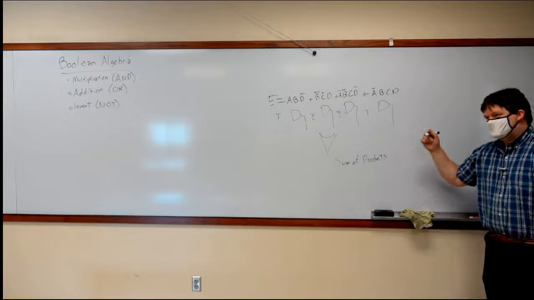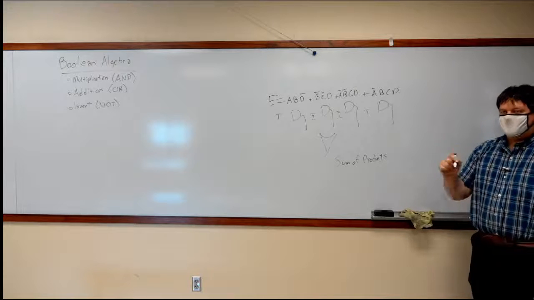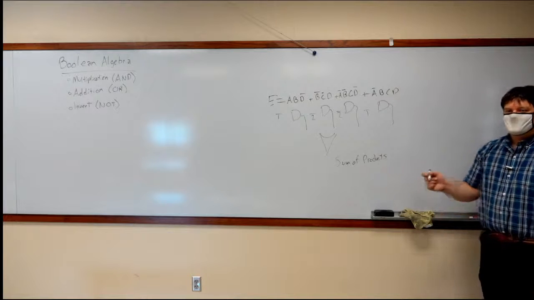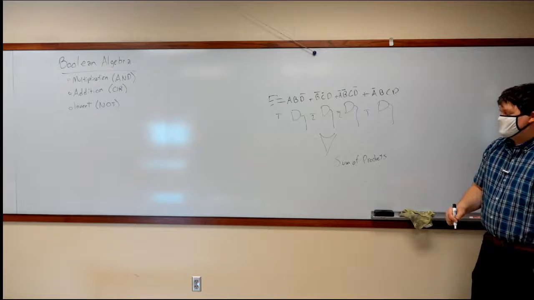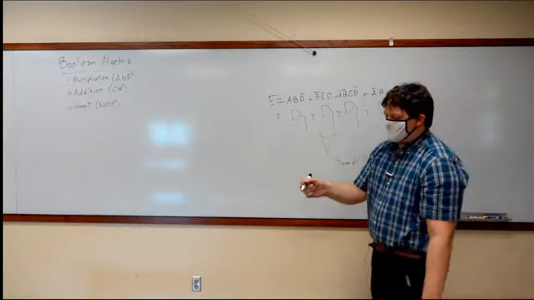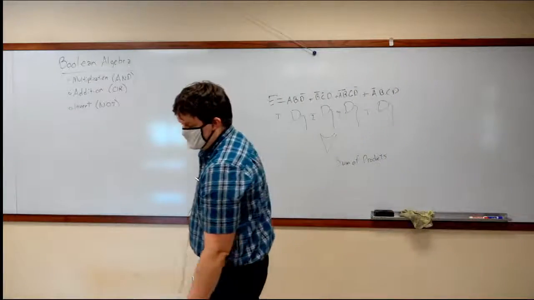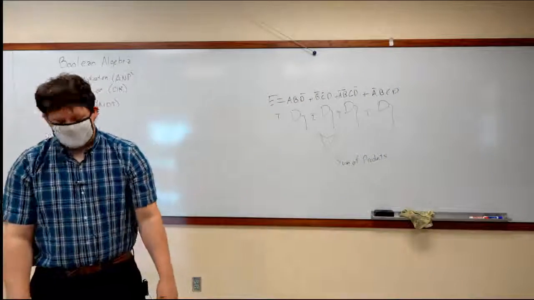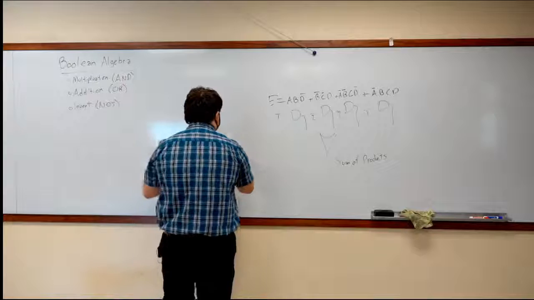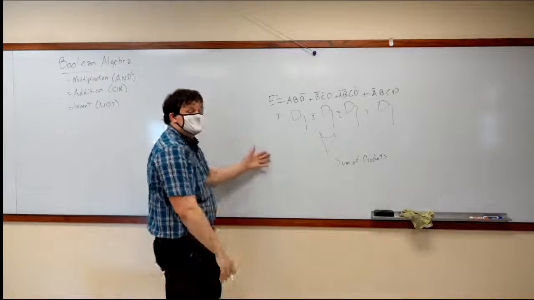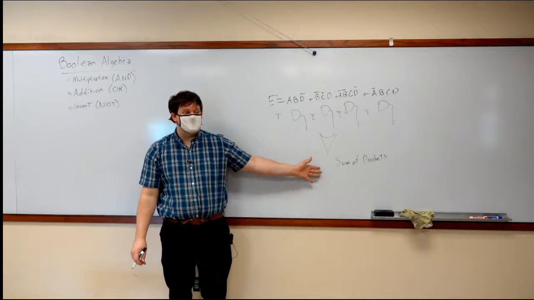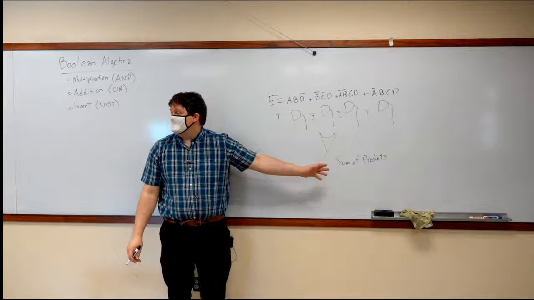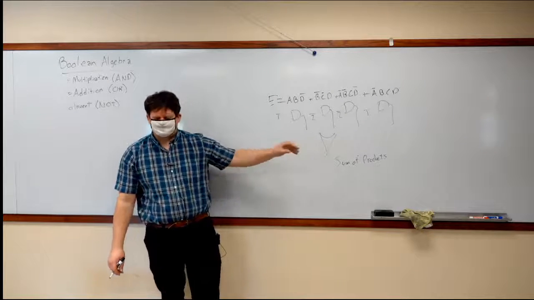Well, it turns out you can do it the other way around, where you have a bunch of OR gates and you dump them all into an AND gate, which is referred to as a product of sums. And it is the exact opposite. So making a sum of products is pretty simple. We can do this with just some Karnaugh maps, truth tables. This one's not too bad.